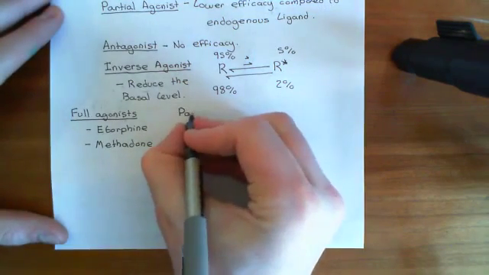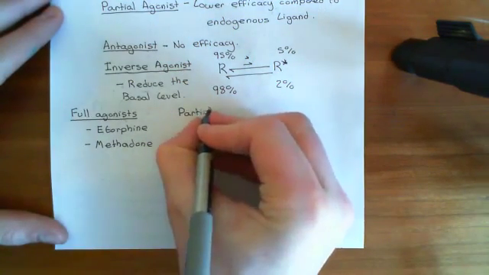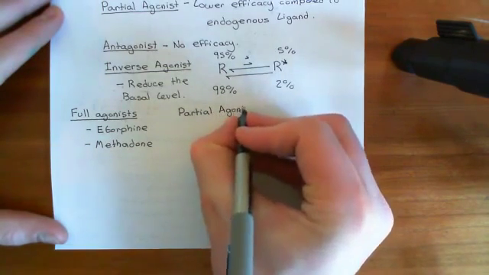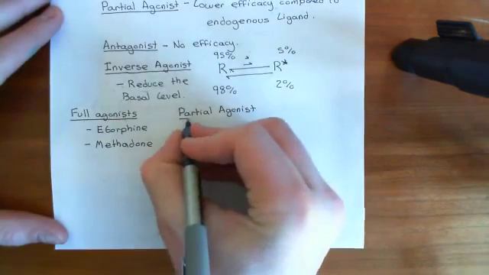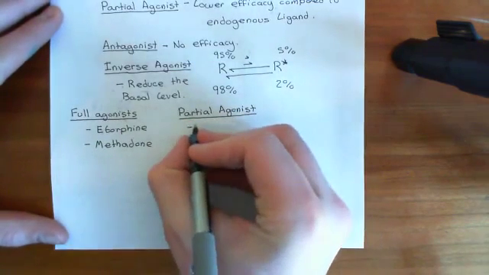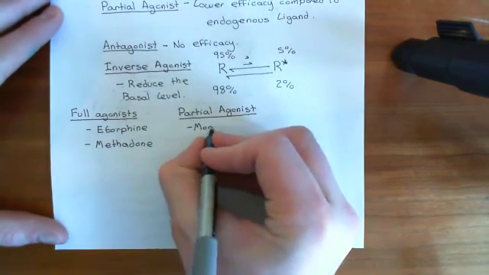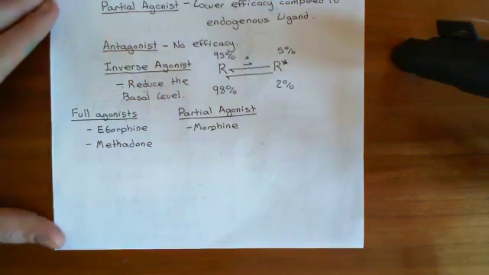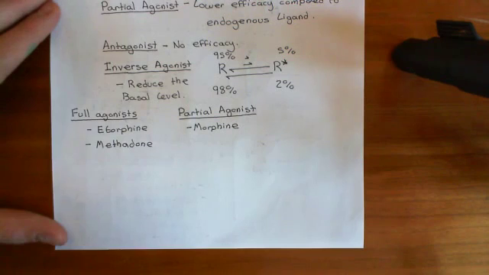Notice that morphine is not a full agonist of mu-opioid receptors. It's instead what would be called a partial agonist. So its ability to activate the mu-opioid receptors is less than the endogenous ligands. Now that might surprise you because of how effective morphine is as a painkiller, but it is actually less effective than the endogenous ligands.